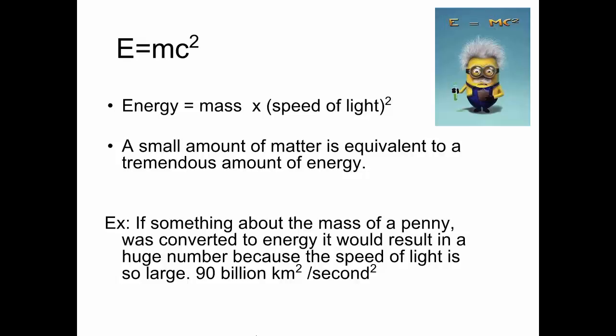And mass can be converted into energy. And that's what happens in these nuclear reactions. Energy equals mass times c, the speed of light, squared. What this really translates into is that a very small amount of matter, if converted into energy, results in a huge amount of energy. And that's why energy released by these nuclear reactions is so great.